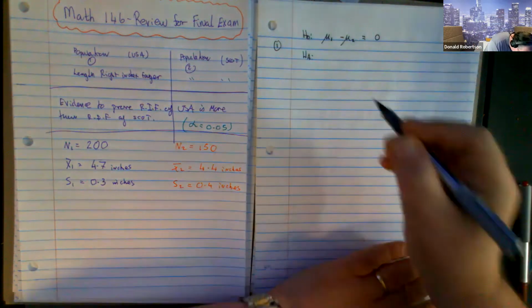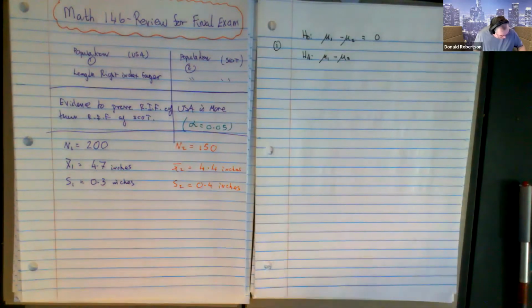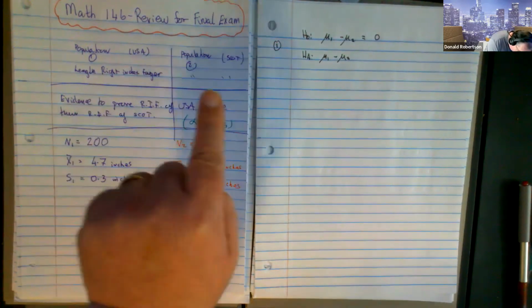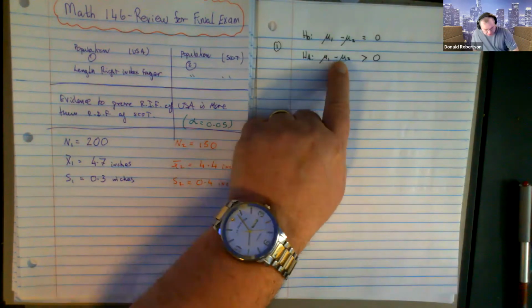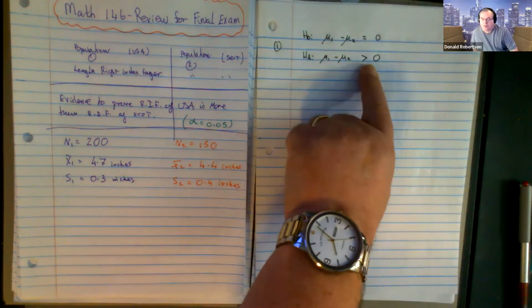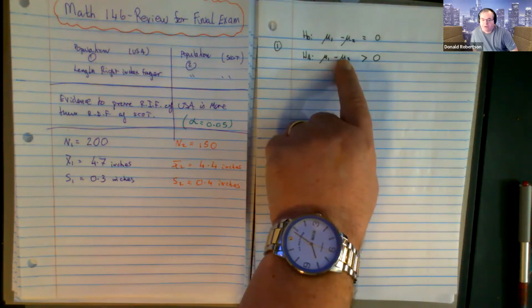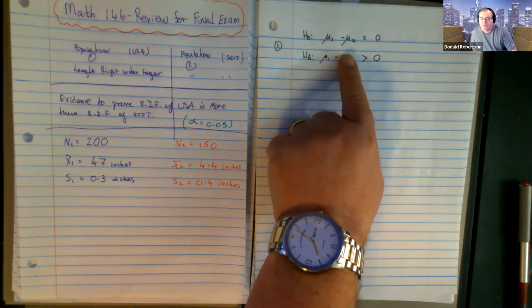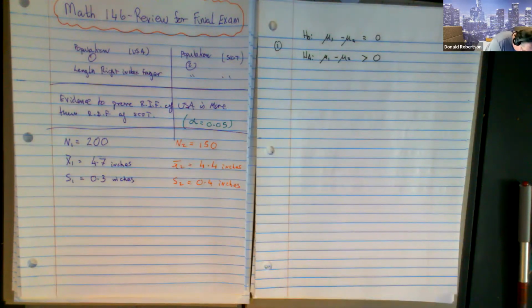The alternate depends on what we are trying to prove. We are trying to prove that Americans are bigger, so you state mu1 minus mu2 is greater than 0, because mathematically that's the equivalent of mu1 being bigger than mu2. That's how you state it.